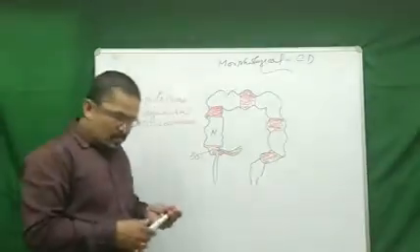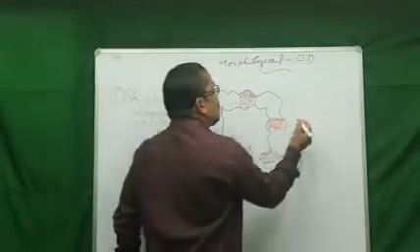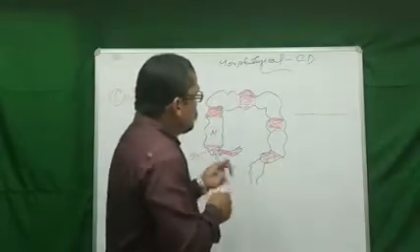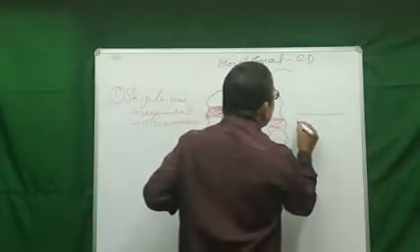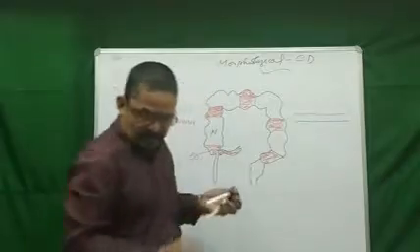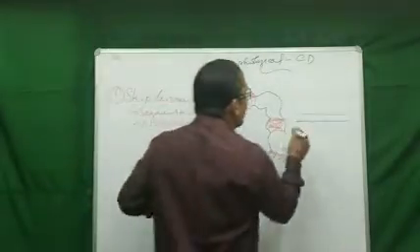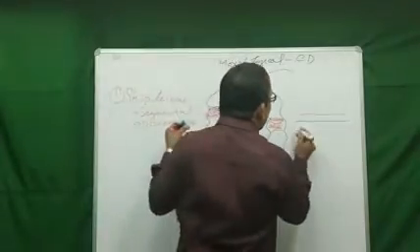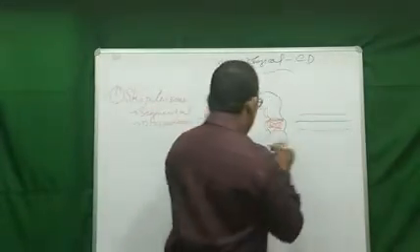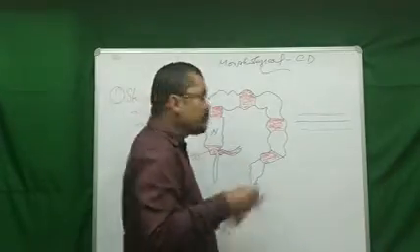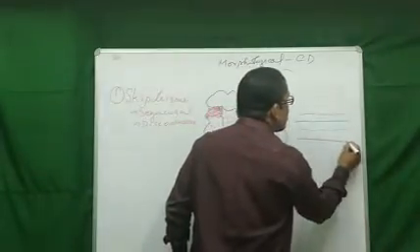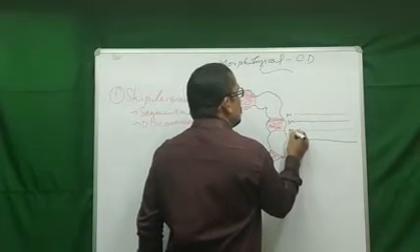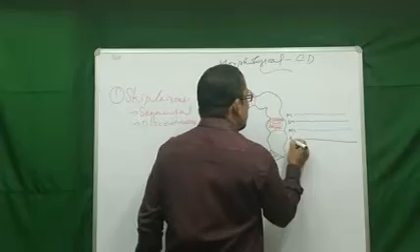Next, about the degree of inflammation. It is mucosa, submucosa, then muscularis, and lastly the serosa. Mucosa, submucosa, muscularis and serosa.